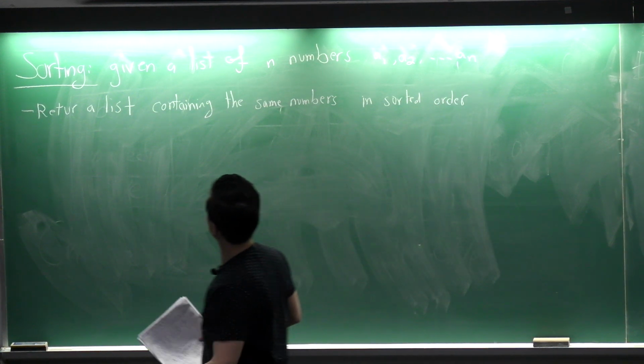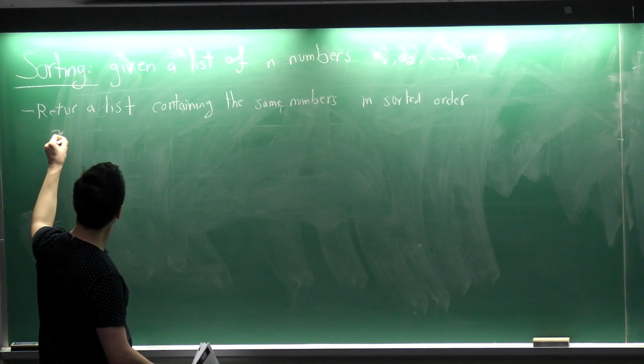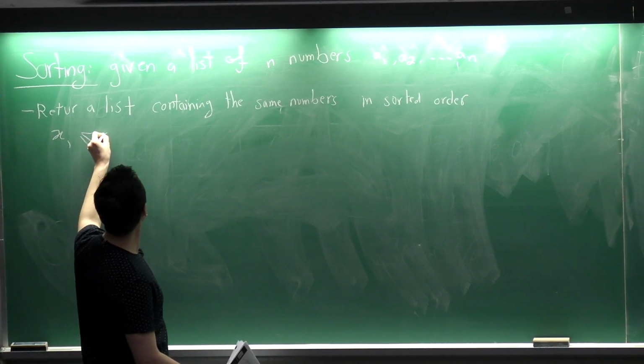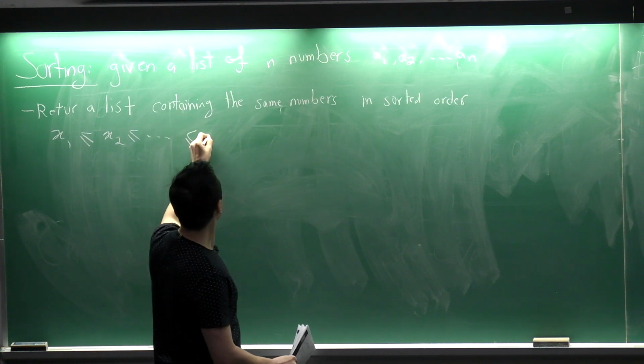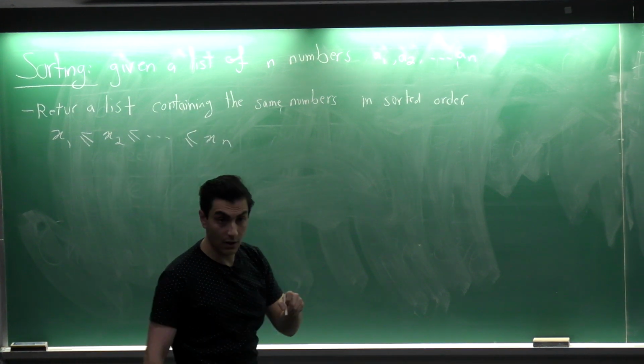So now the numbers are going to be x1, which is smaller or equal to x2, smaller or equal, all the way till xn. All right?